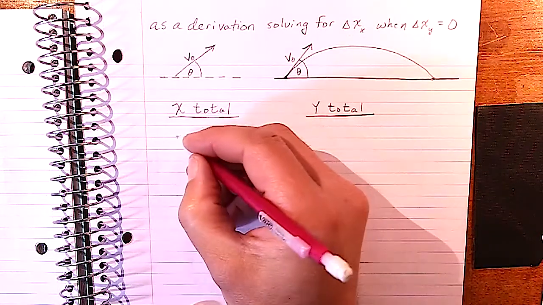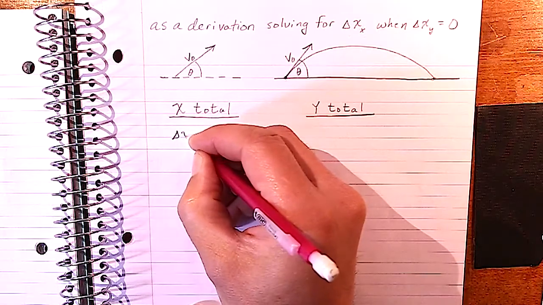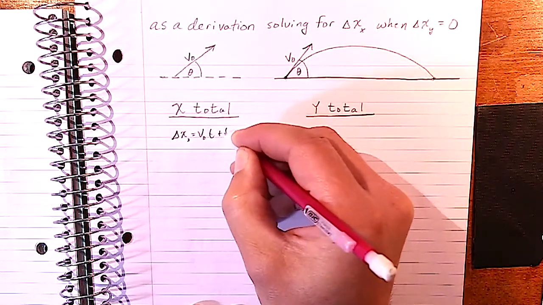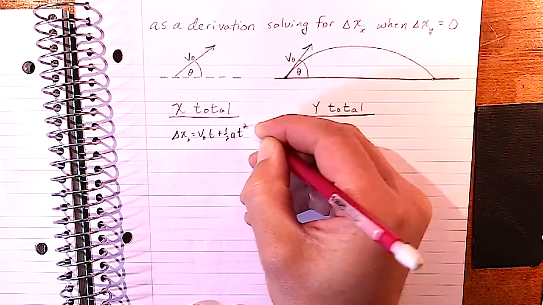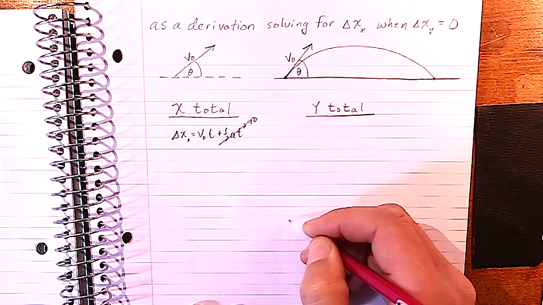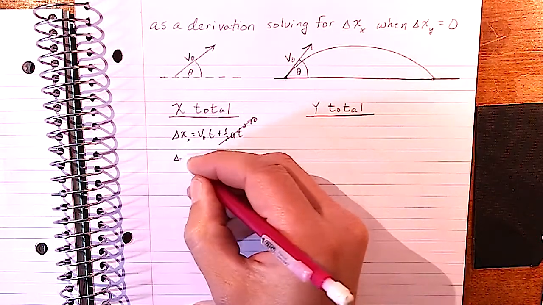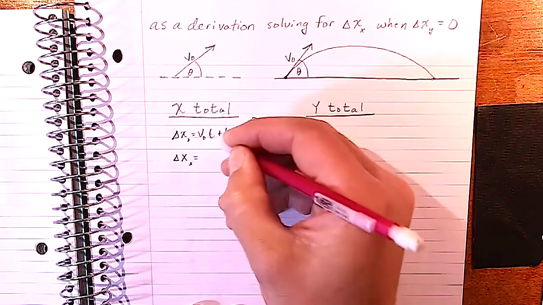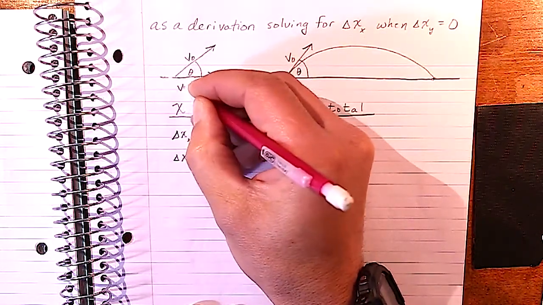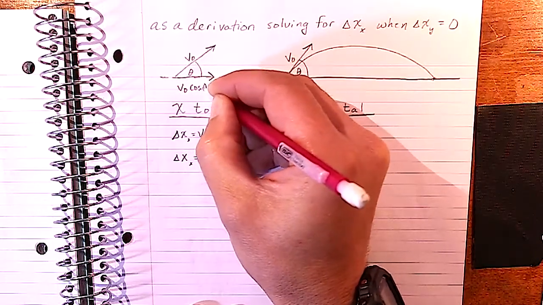So let's start out with our delta xx formula, which is v naught t plus 1/2 at squared. And we know that the acceleration is 0, so we can cross that out. Now, we know from before that our v naught in the x direction was equal to v naught cos theta.